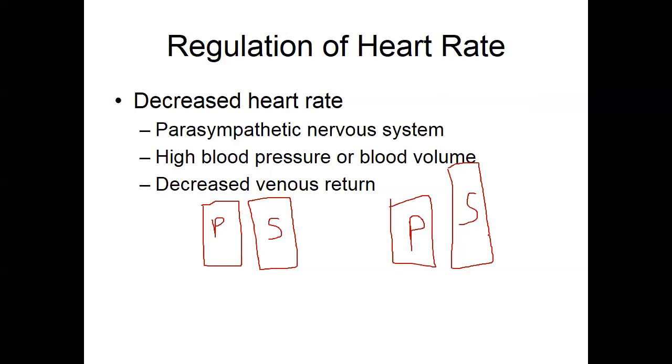Now, when the heart rate decreases: we said the parasympathetic nervous system keeps everything in check. So that's what this is. This is the parasympathetic and your sympathetic nervous system keeping the heart rate in balance.